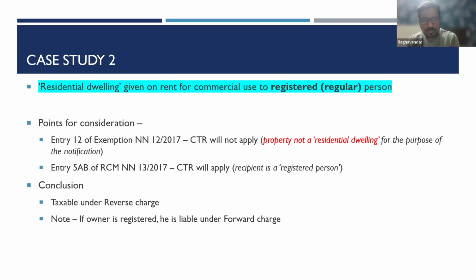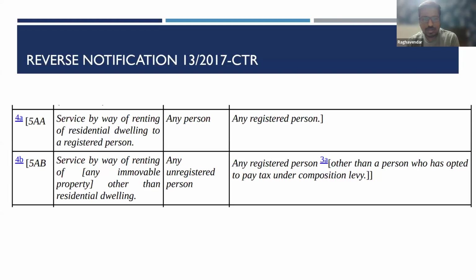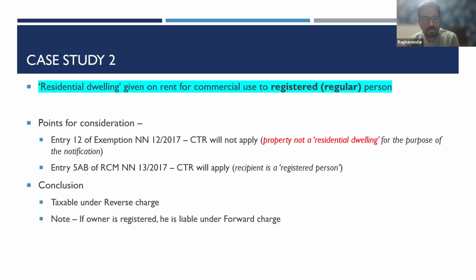Here again, the same entry number 12 exemption will not apply, for the same reason discussed above. Entry 5AB will apply because the tenant is registered, so RCM under 5AB will be applicable. So it is taxable under reverse charge. However, if the owner is registered, then he will be liable for forward charge. Same notification will not apply.